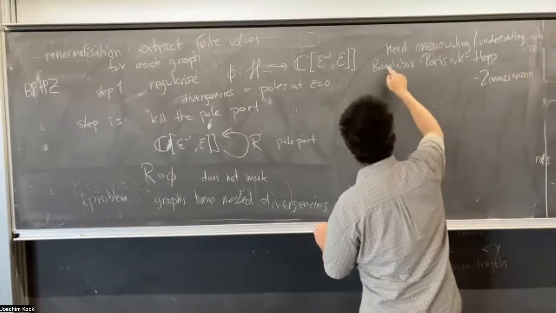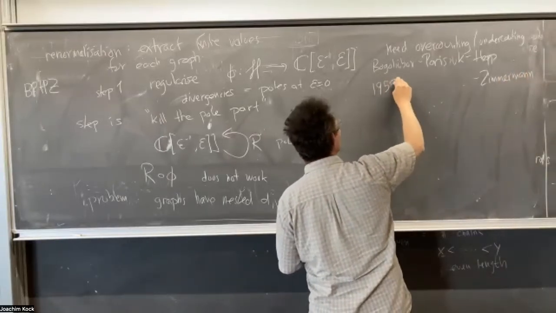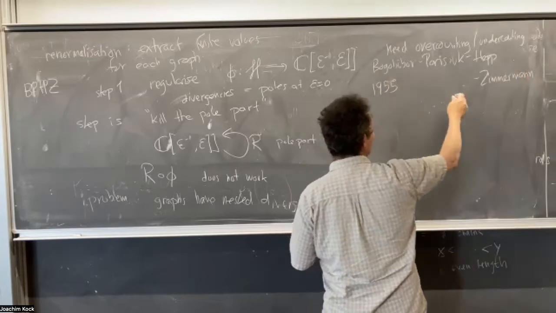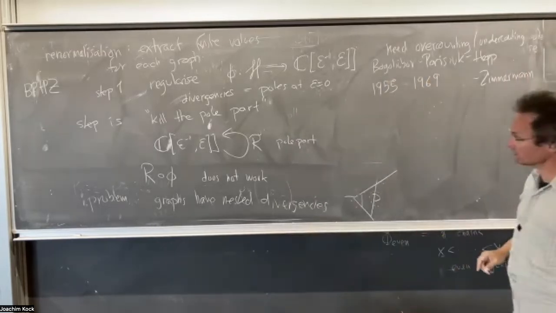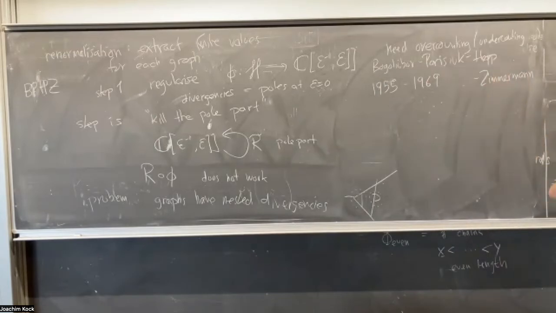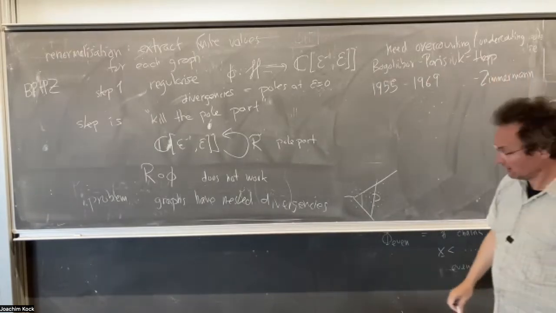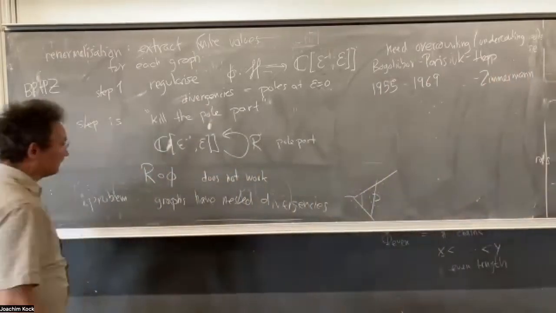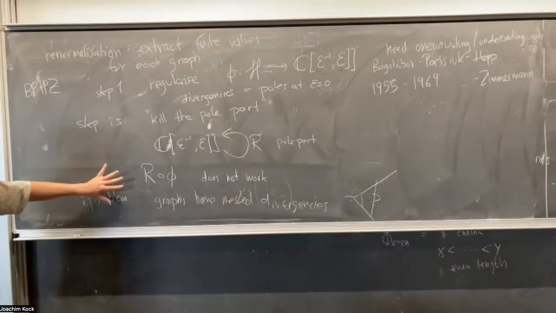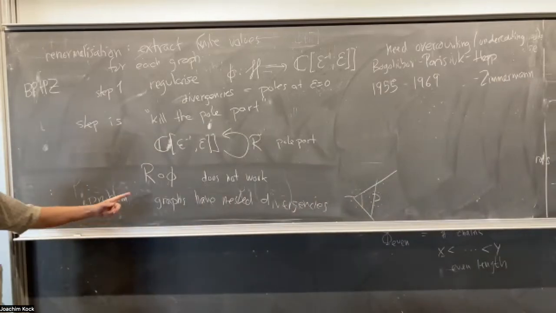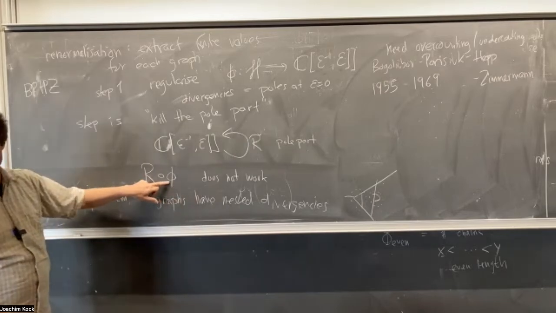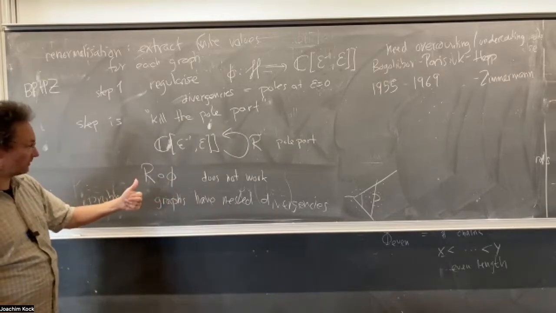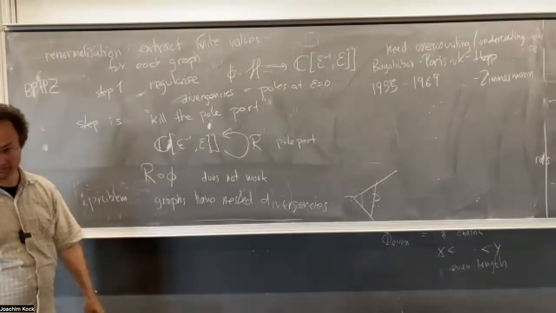The first paper is from 55, and the last one by Zimmerman is 69. So they figured out how to do this overcounting and undercounting, giving a recursive way to renormalize in a proper way so that the new renormalized amplitude will be, first of all, convergent, and second of all, it should still be a character.